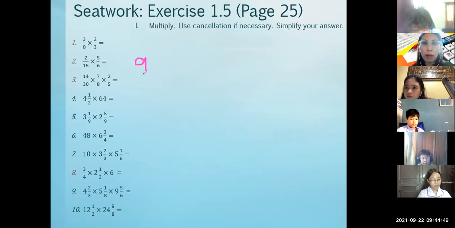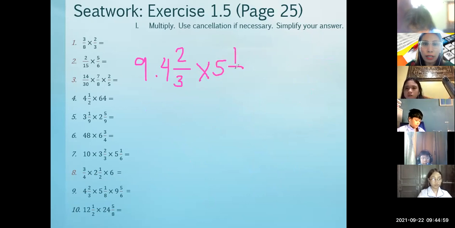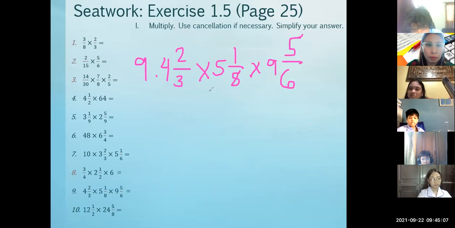Let's move to number 9. So 4 and 2/3 multiplied by 5 and 1/8. Multiply it again by 9 and 5 over 6. Let's make this into improper fraction.